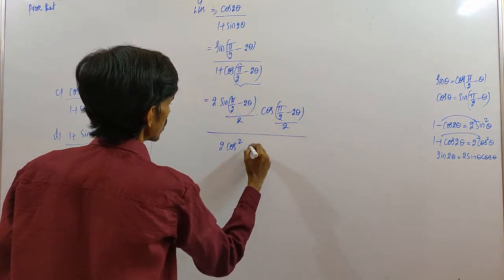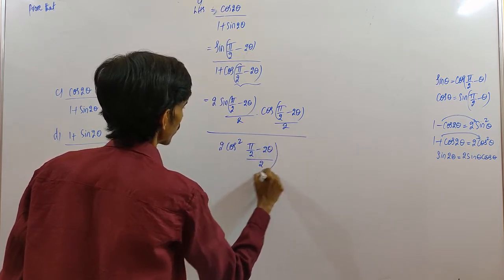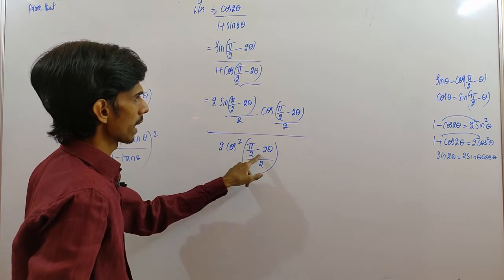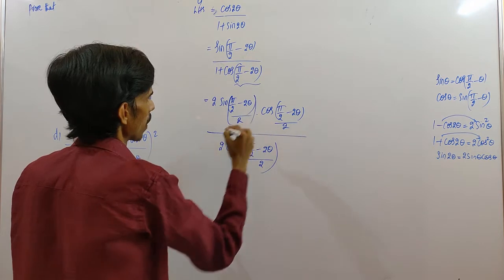Treat this as theta, so pi by 2 minus 2 theta divided by 2. This division by 2 is for the angle, not for sin; it is only for theta.